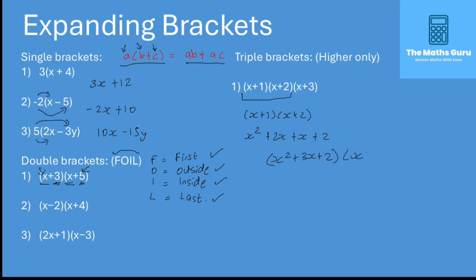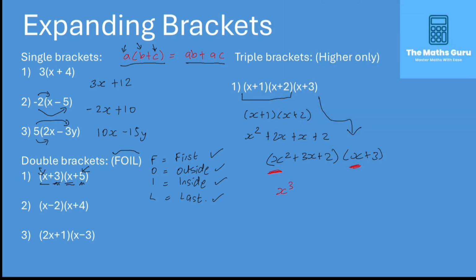Then we have our x plus 3. I almost got carried away there. We bring our x plus 3 down, and we then conduct a method where we just times each one of these by the next one. So the first thing we do, let's just do this, x squared times x, and we get x cubed.